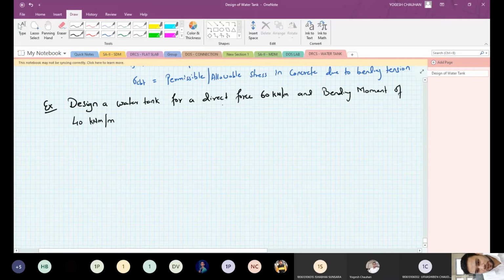This is per meter length of the wall. The direct tension force is per meter length of the wall, and this bending moment is also 40 kilonewton meter per meter length of the wall.